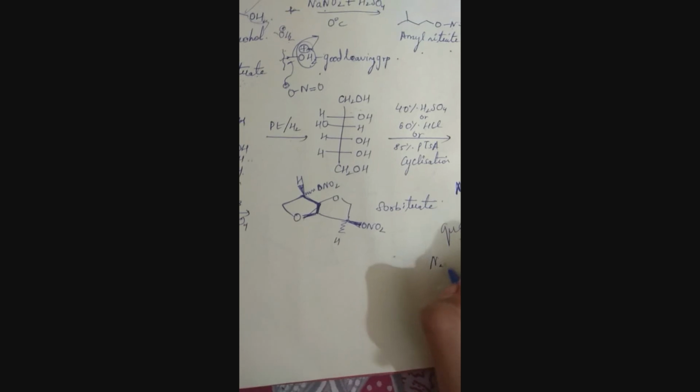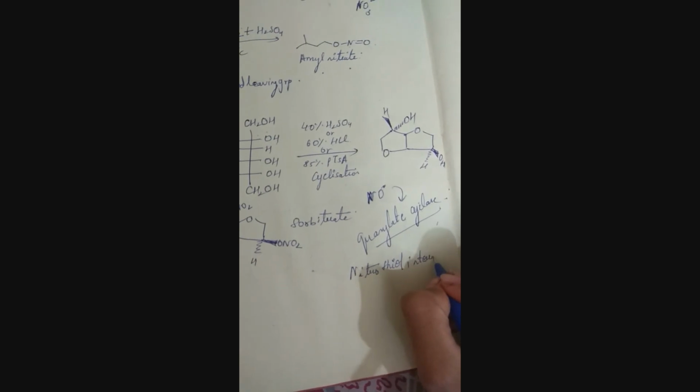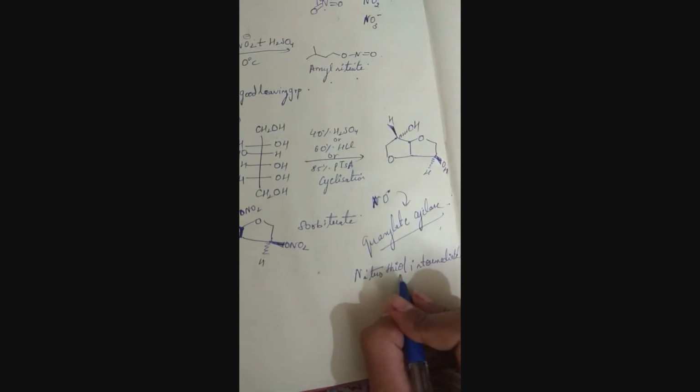The NO radical form interacts with this enzyme, and a nitrothiol intermediate is formed by the reaction of a nitrite with butyrathiazole.